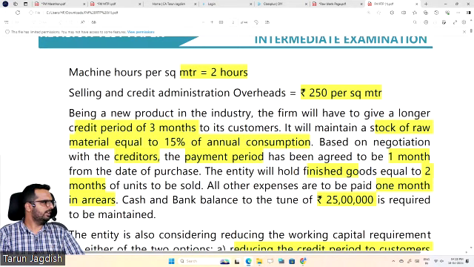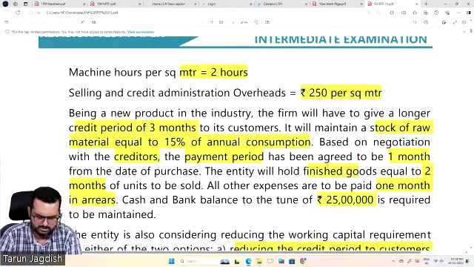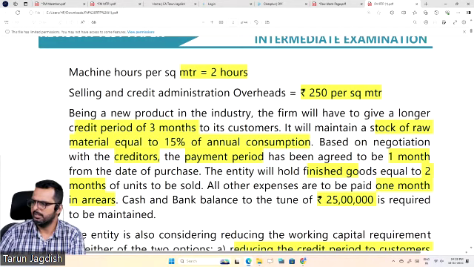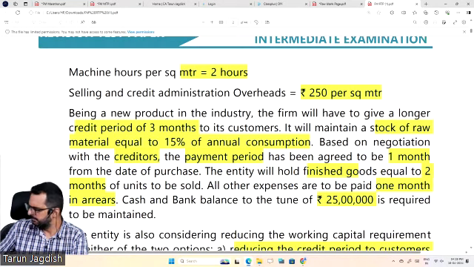So what is the creditors payment period that you will get over here now? Do you get the answer as 1 month? Cash and bank balance to the tune of how many lakhs is required to be maintained over here? 25 lakhs. Okay, so write down the next one. Cash balance required.